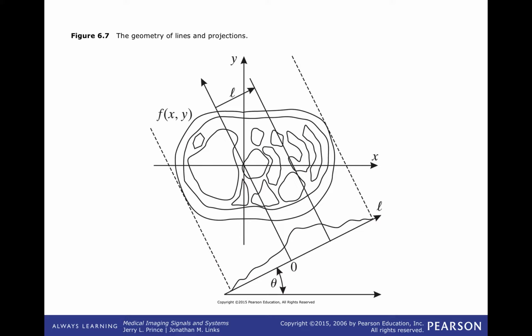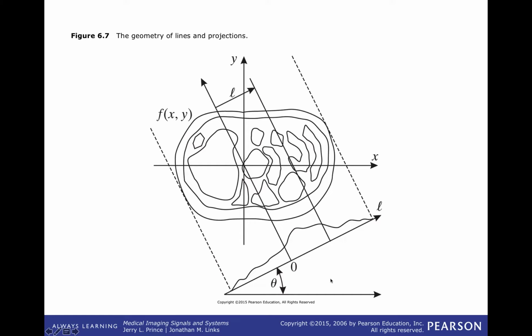So this is in the Prince book. Let's set up the coordinates for doing CT reconstruction. And this is straight out of their book. They have a function, which is going to turn out to be the linear attenuation coefficient as a function of position. And it's our patient.